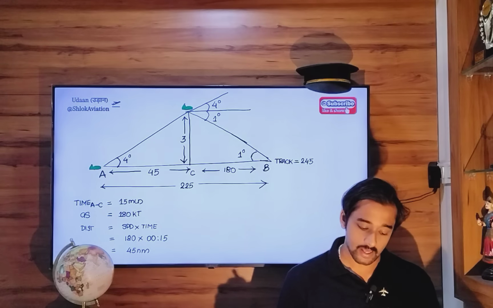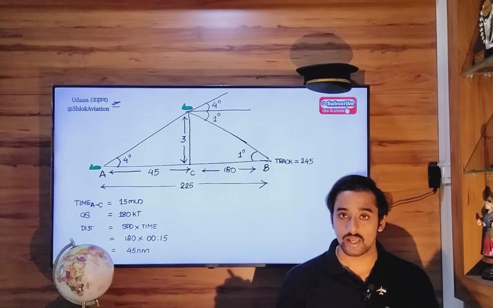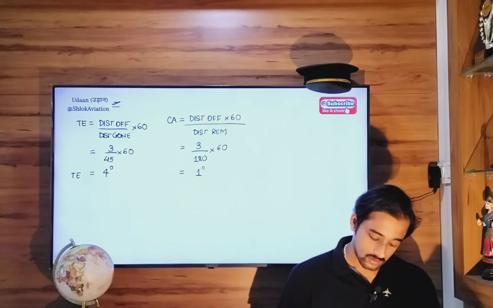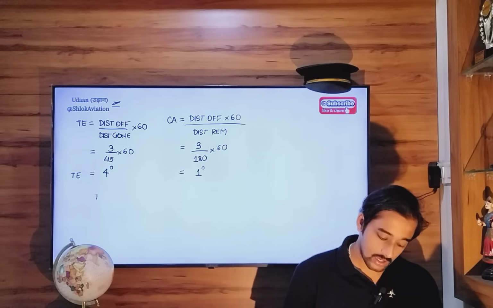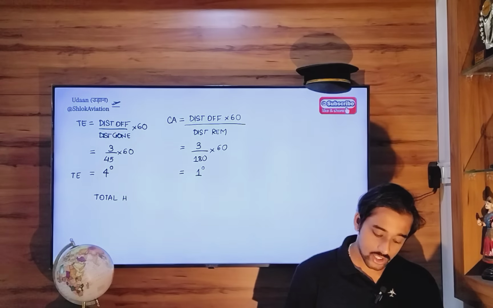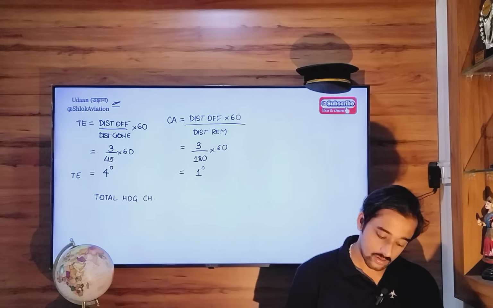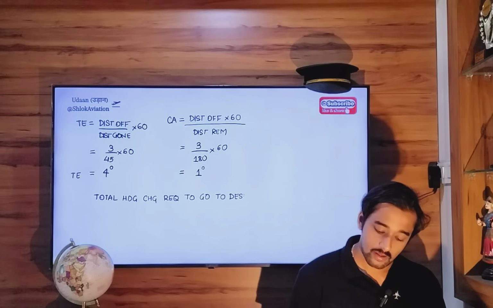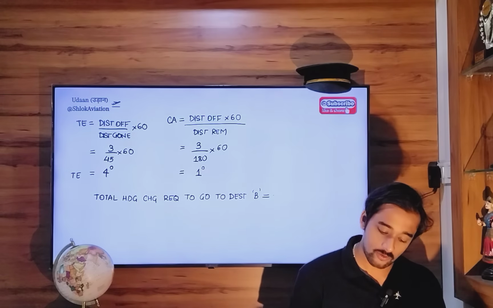So what is our final change in heading? Therefore total heading change required to go to destination Bravo is equal to 4 plus 1, which is equal to 5 degree right.